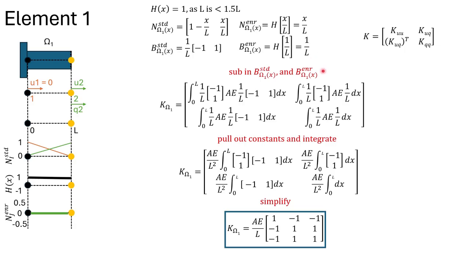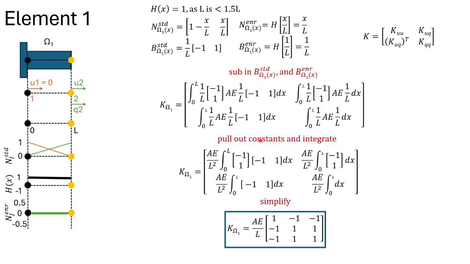So plugging those values into the 4 components of our K matrix: KUU has 2 standard components, KUQ has a standard component and then an enriched component, KUQ transpose has an enriched component and a standard component, and then KQQ has both enriched components.